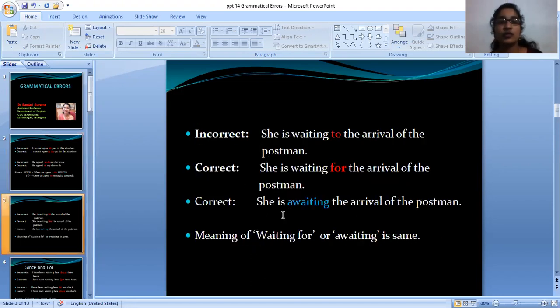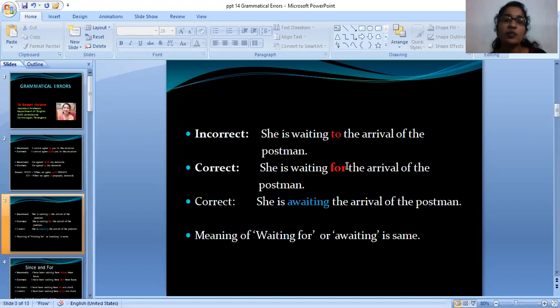Yes. So here is another set of examples. I'm going to read out the first example for you. She is waiting to the arrival of the postman. So here, this is not correct, right? This is wrong. The usage of to here is wrong.